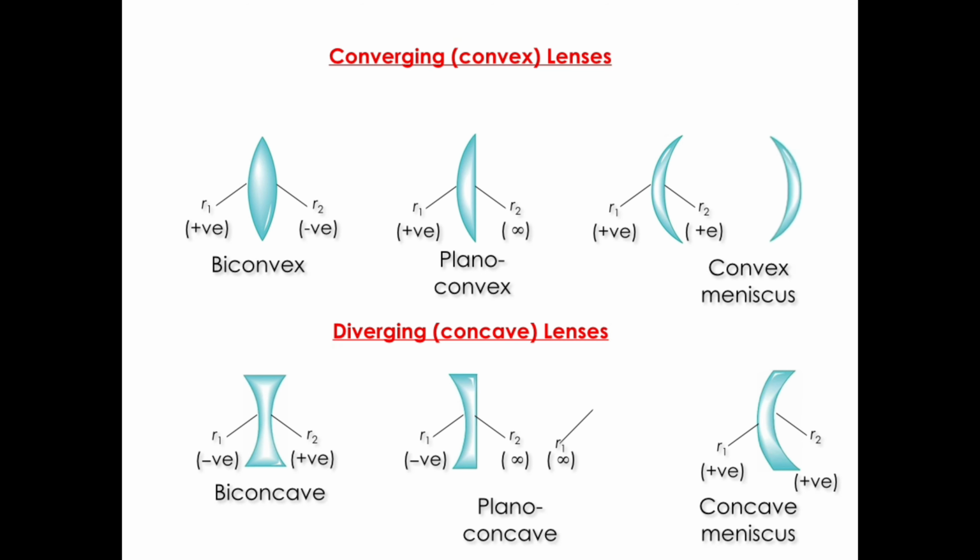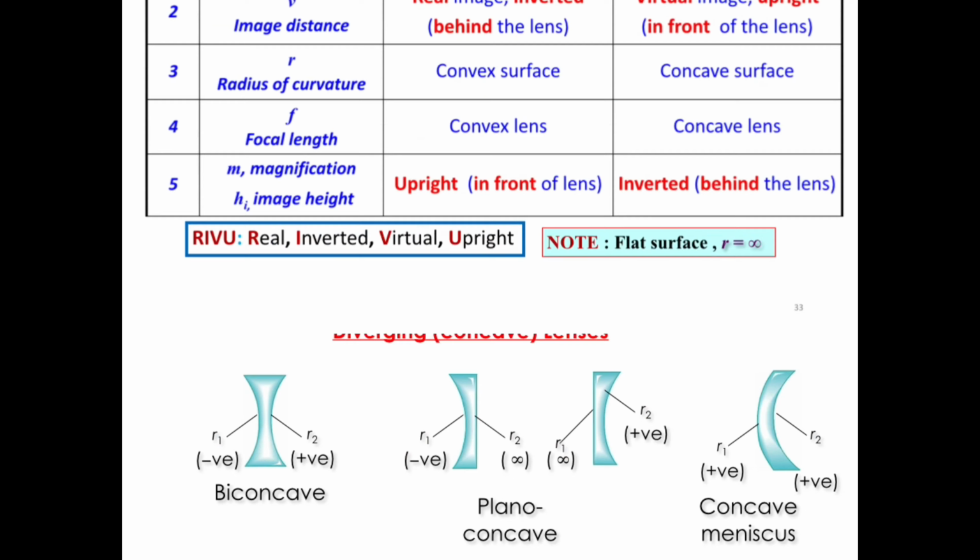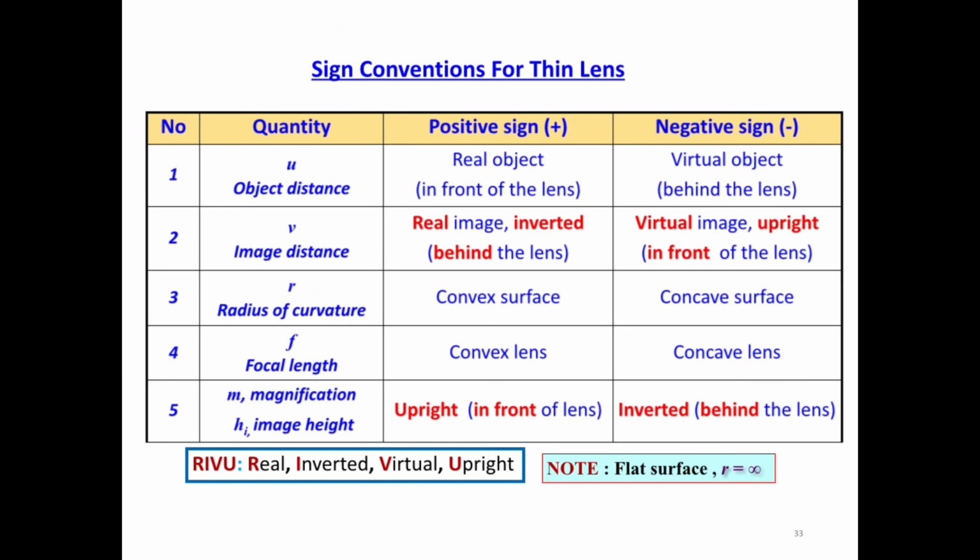So from the left side, R1 is convex with a positive focal length, so R1 is positive. And when you look at the second refracting surface, R2 has a negative focal length, thus R2 is negative. So that is how you know the sign of R1 or R2.